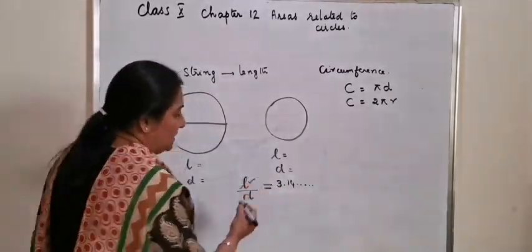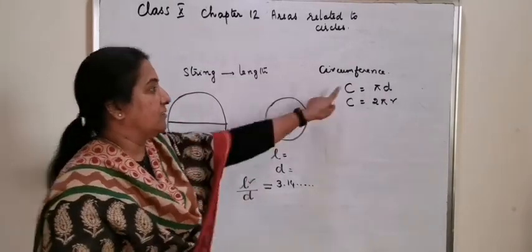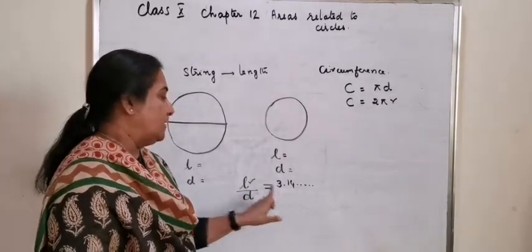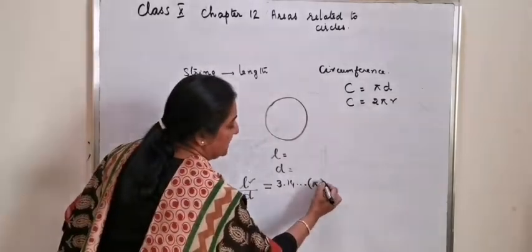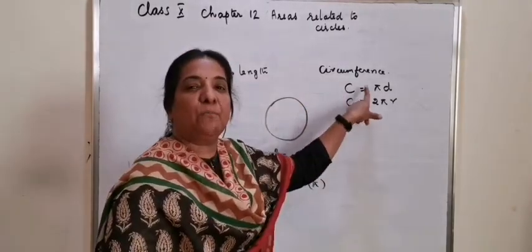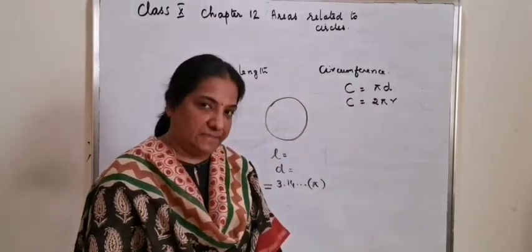We call the length of the circle the circumference, the diameter as d, and the value 3.14 is taken as pi. That is how circumference is equal to pi d is defined.